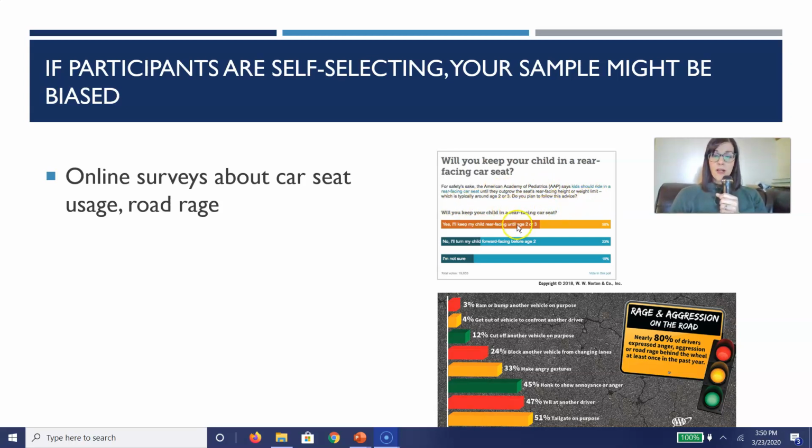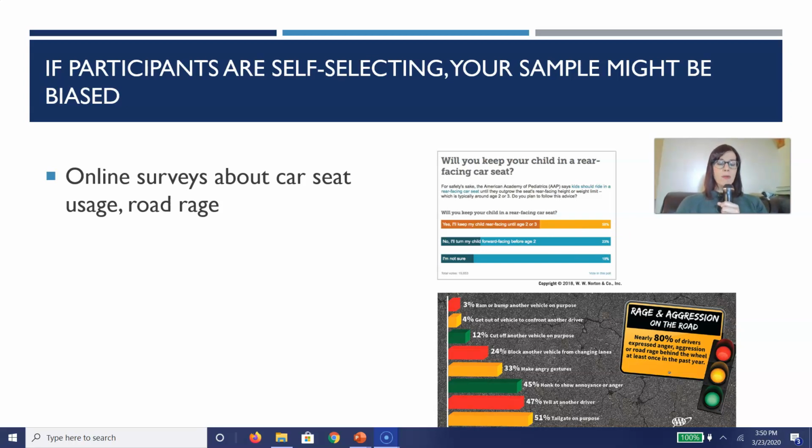Do you plan to follow this advice? About 58% say yes. 23% say no, I'll turn my child forward facing before age 2. And I'm not sure for a remaining 19%. So about 42% of people don't plan on following those guidelines.